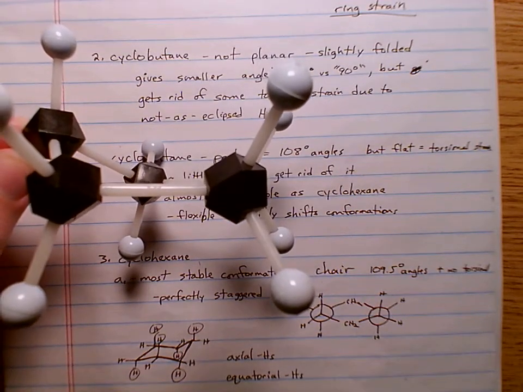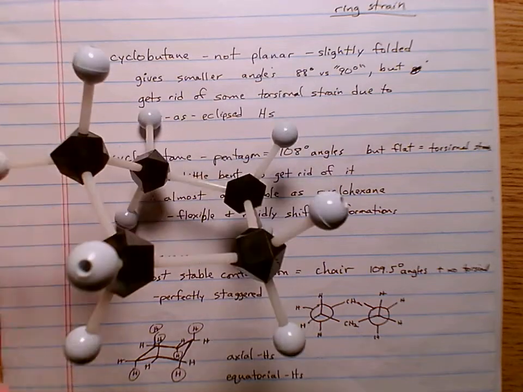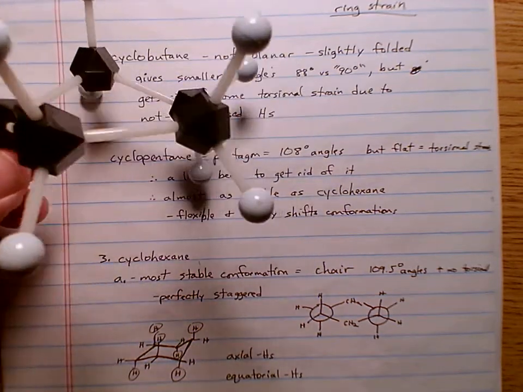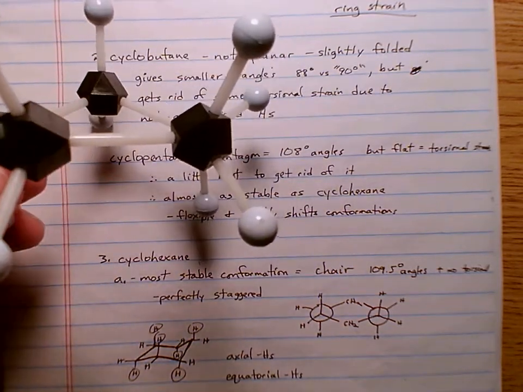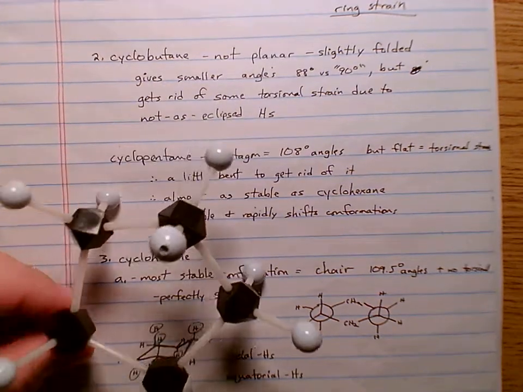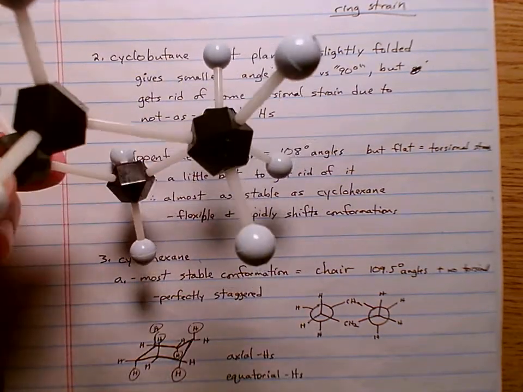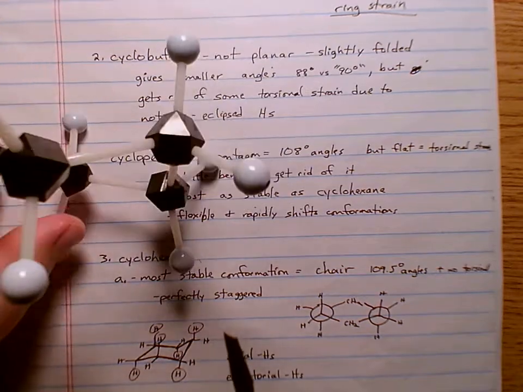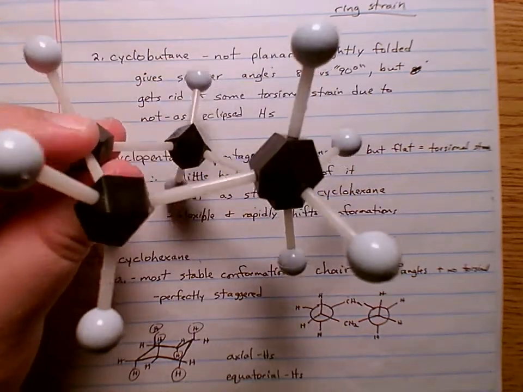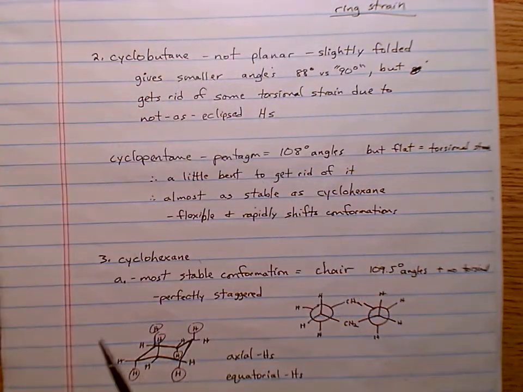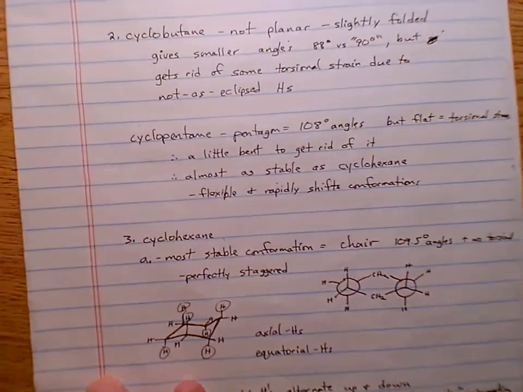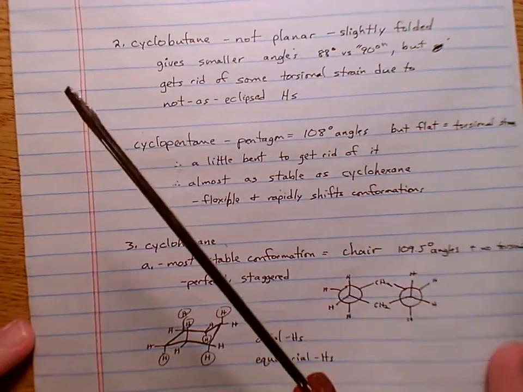That's bad. This is close to eclipsed, but not quite. But then the next two are staggered. This one is staggered. Oh yeah, nice and staggered here. And this one also very nice and staggered. So we're not totally eclipsing. There's a little bit of eclipsing going on, but not too much.